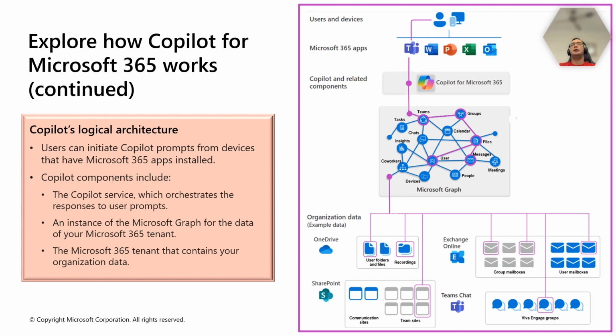And after that, Copilot for Microsoft 365 is sitting. It's connected to Microsoft Graph. That's the core that is actually relating and connecting all the components of Office 365, all the files, all the Excel spreadsheets, Word files, and everything that you can imagine.